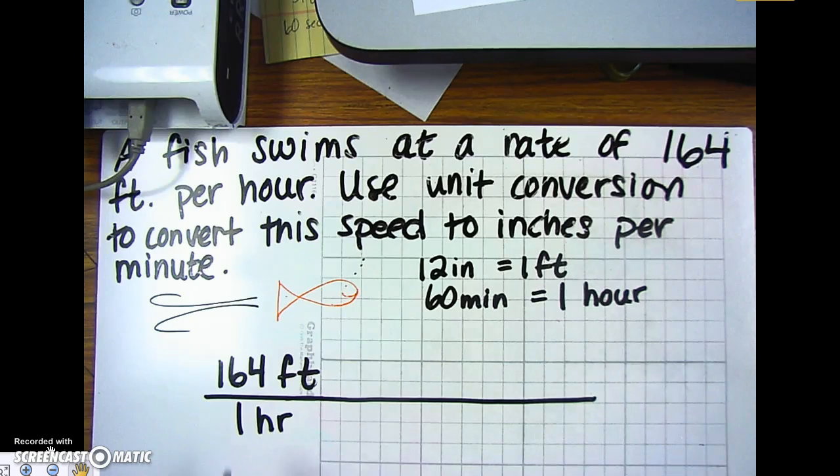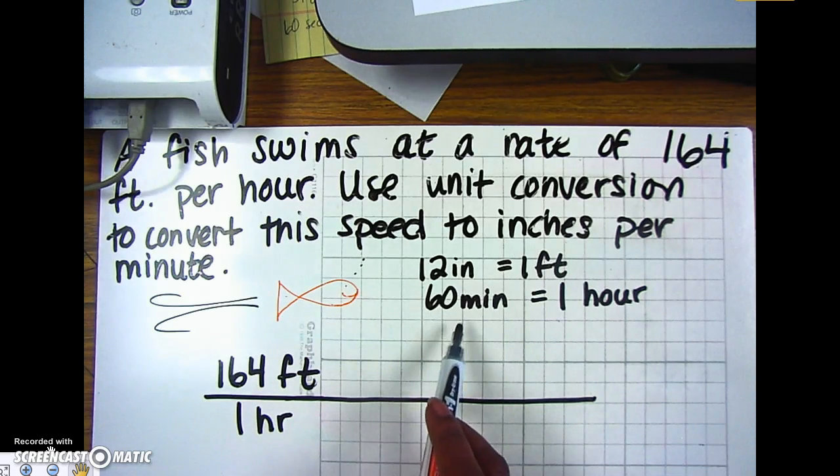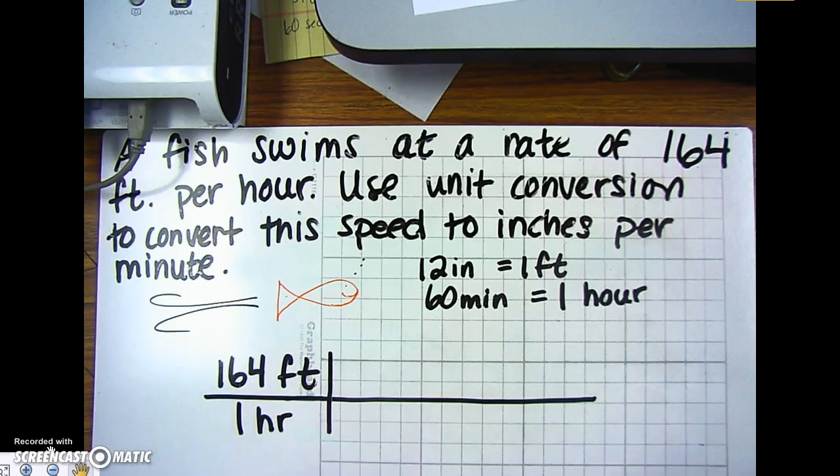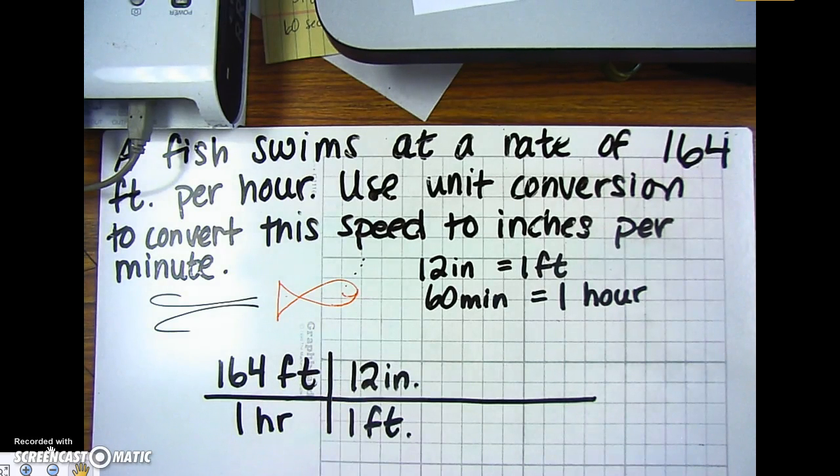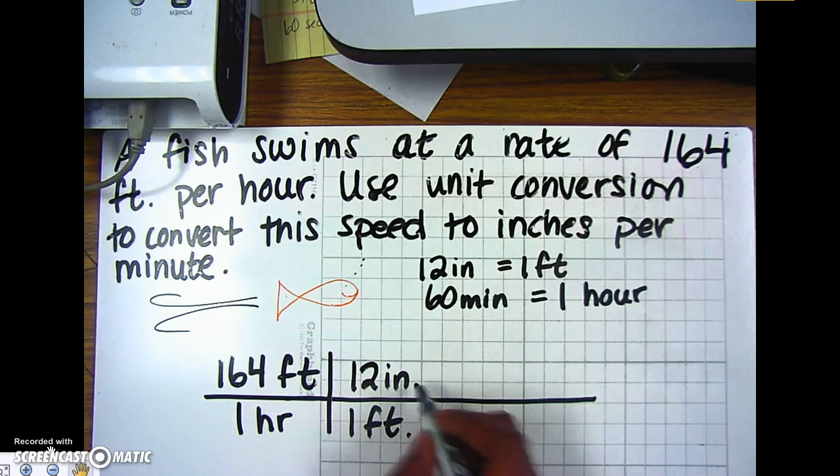Remember we're converting feet per hour to inches per minute. Since the 164 feet is on the top, when we fill out our table, we're going to put feet on the bottom. So 1 foot goes on the bottom, and the 12 inches will go on the top.